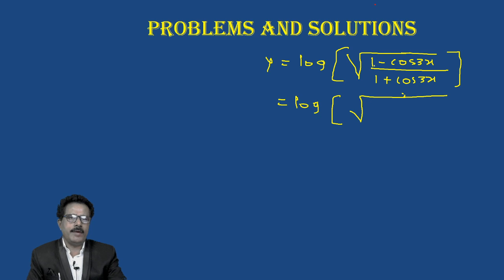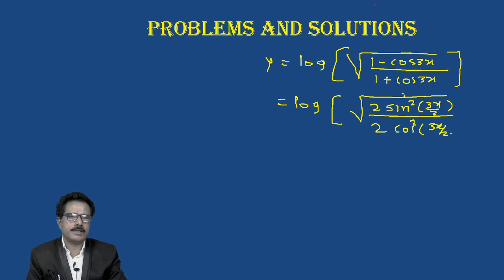Use a formula, 1 minus cos theta means 2 into sin square theta by 2. Sin square theta by 2 means 3x upon 2 divided by 1 plus cos theta means 2 into cos square 3x by 2, because the formula for 1 plus cos theta means 2 into cos square theta by 2. This 2 gets cancelled.